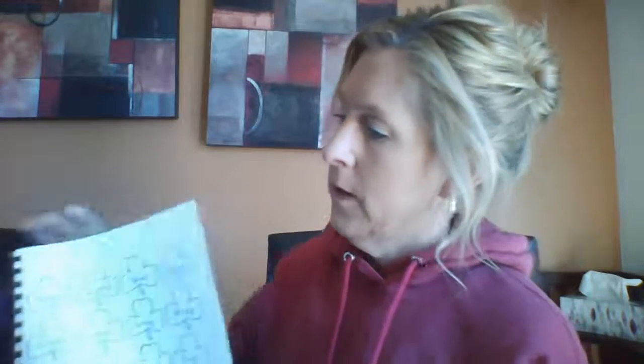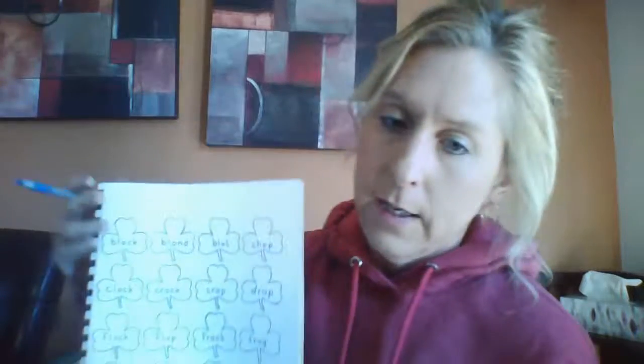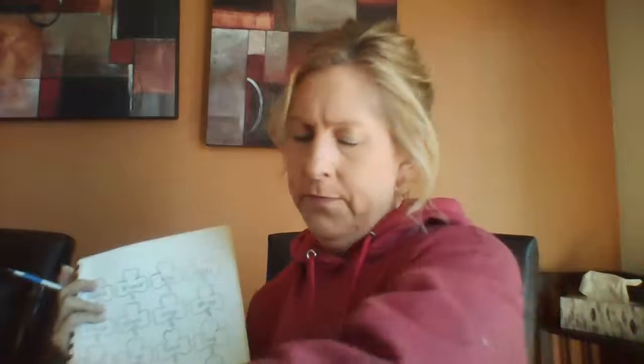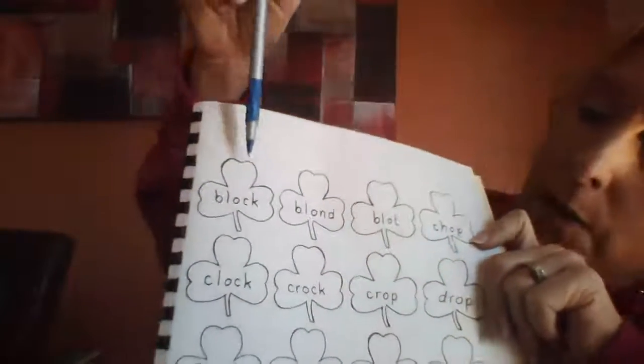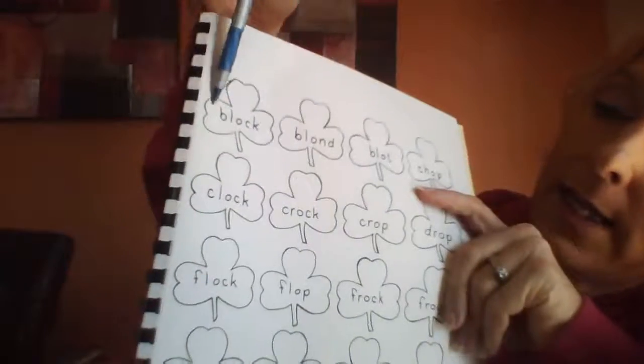Now we're going to read some aw words. What letter says aw? Hopefully you said O. So follow along with my pen here. These are in shamrocks. We're going to start up here and we're going to go across. So let's sound them out and then blend it.